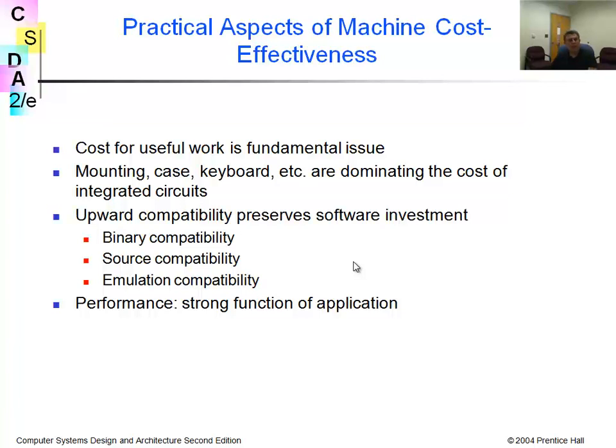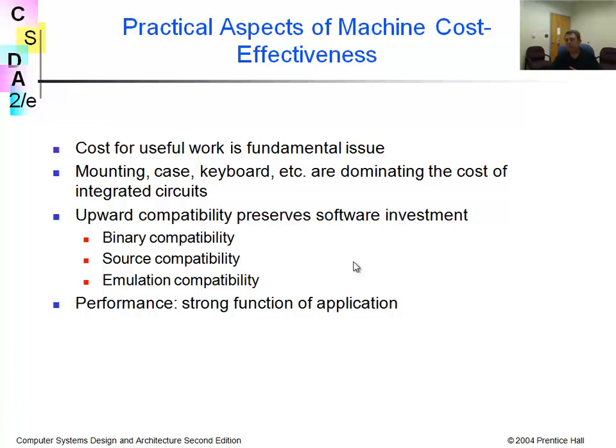And that's the binary compatibility, source compatibility, emulation compatibility, meaning a software that I have created now for this specific hardware that I'm designing, that software should be compatible with the newer versions that I'm going to create.